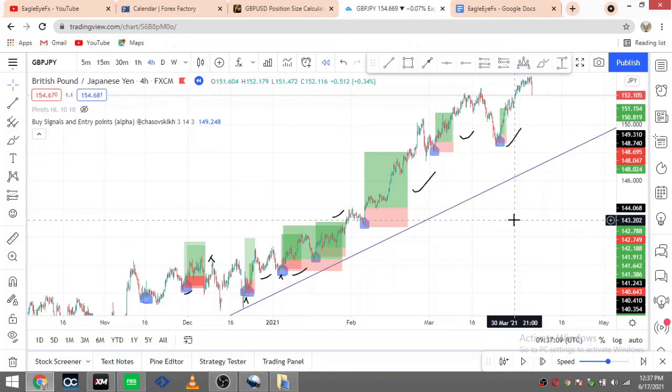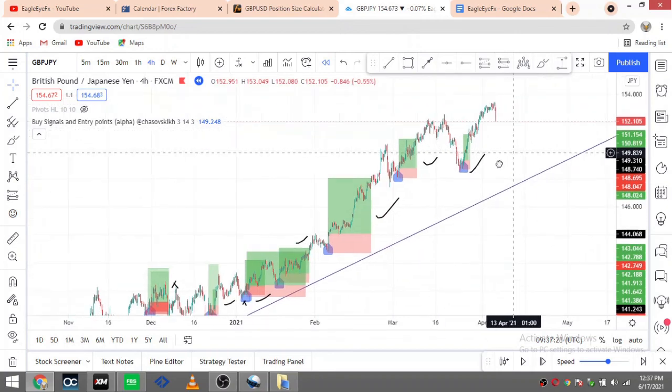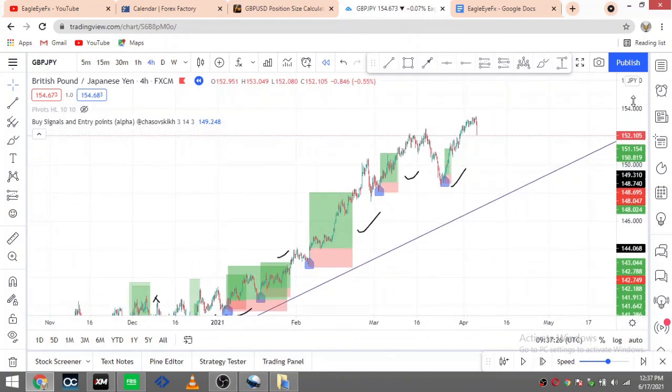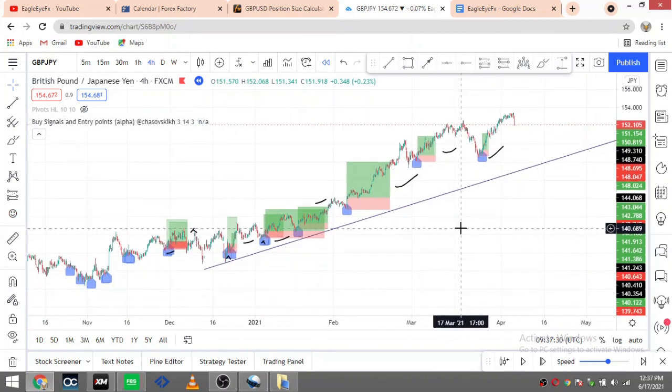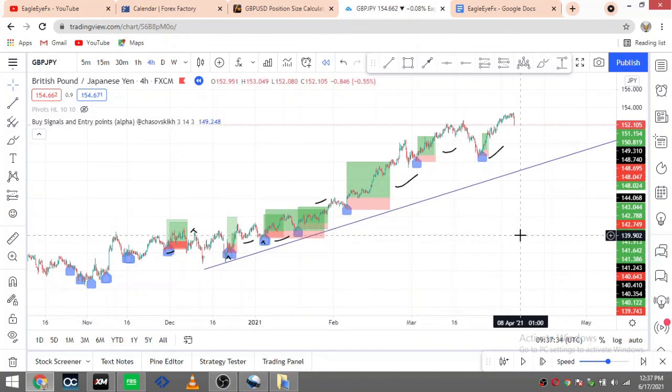Test it on other pairs. You can try on gold, you can try on GBP USD. Do it on demo before you put it on a real account. No matter which forex guru is teaching any strategy, you must always backtest it on your demo account to see if it is profitable or not before you commit your money to it.